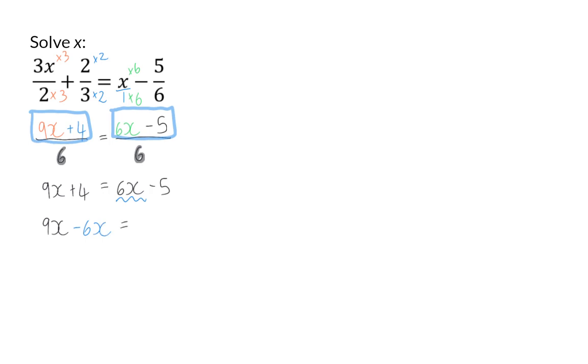On the right-hand side, we have the constant of minus 5, and the plus 4 on the left will be subtracted on the right. Now we have 3x is equal to minus 9, and once I've divided both sides by 3, I will end with x is equal to minus 3.